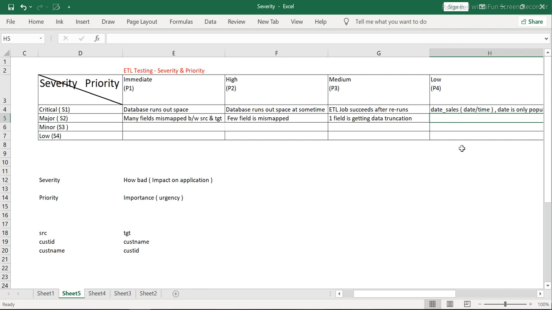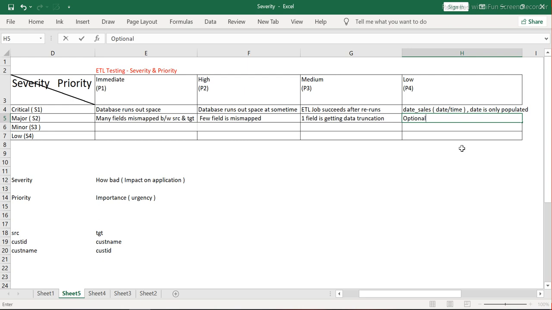So for example, let's say I have some optional fields in my target. In the target, they don't really need to have a value. Optional in target is populated with nulls.